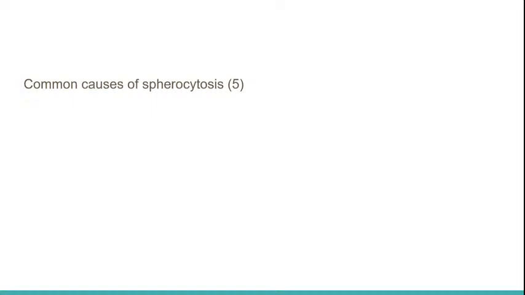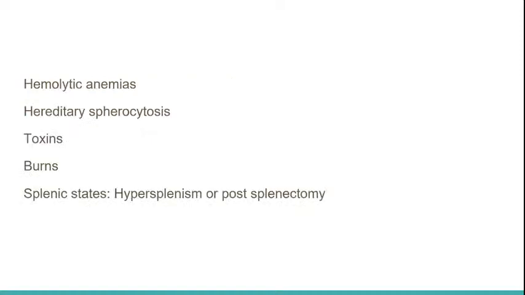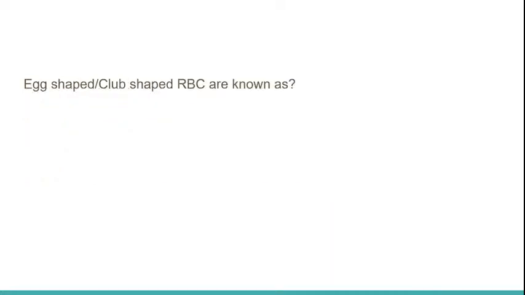Hereditary spherocytosis is going to be a given. Toxins, burns, and splenic states, so hypersplenism or post-splenectomy operations. Those are the five common reasons why you would see spherocytes in your sample.